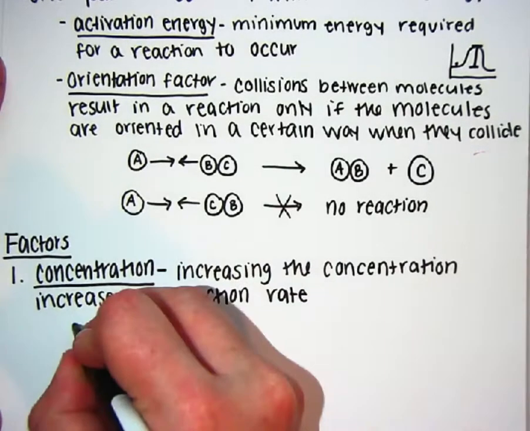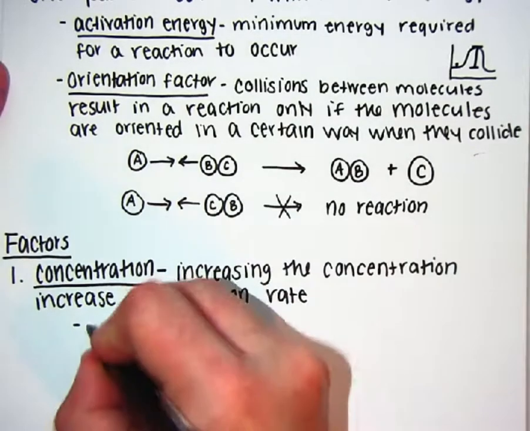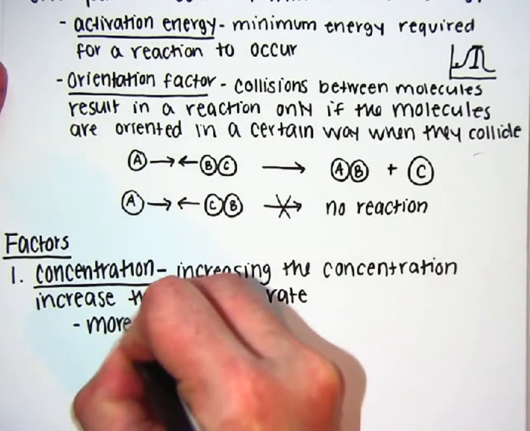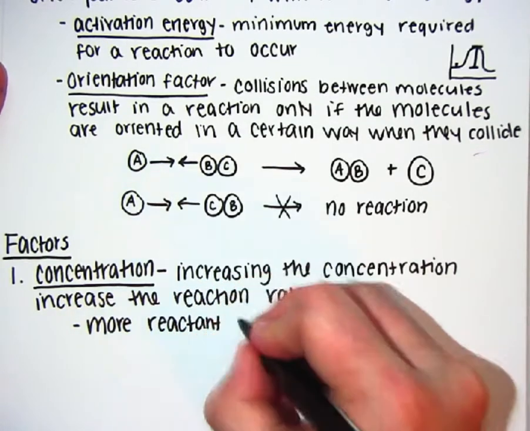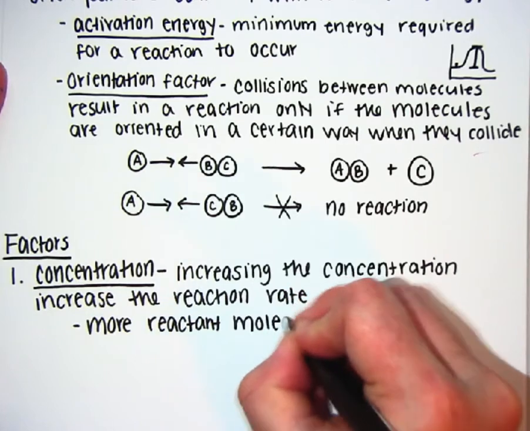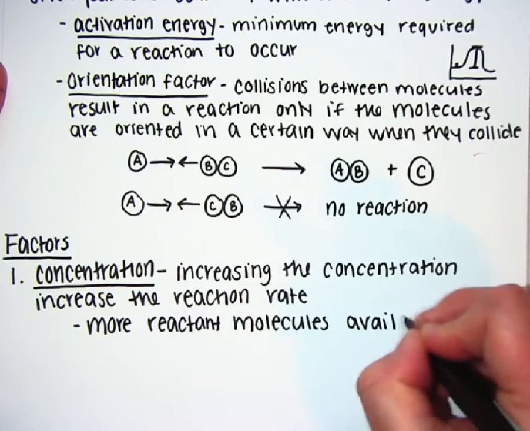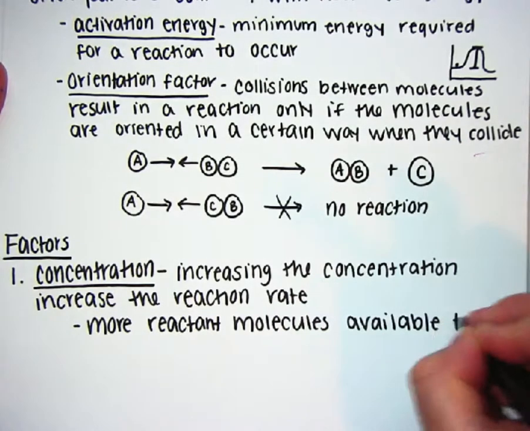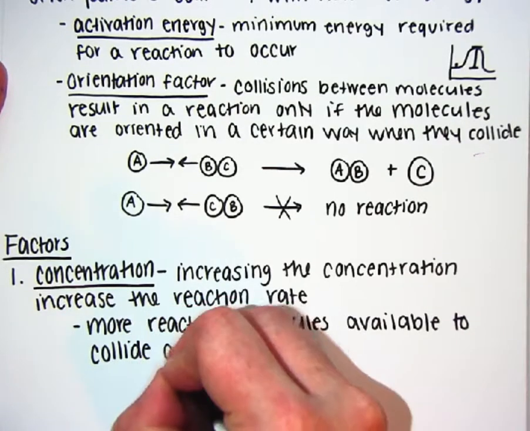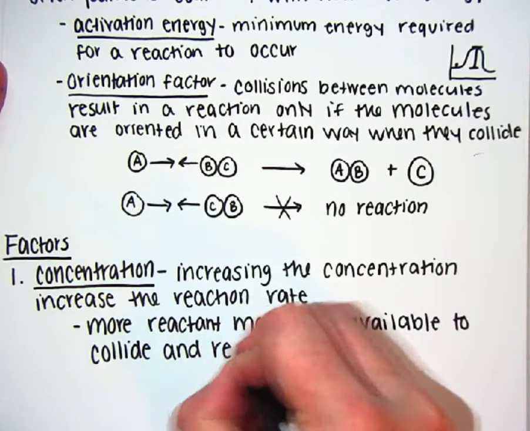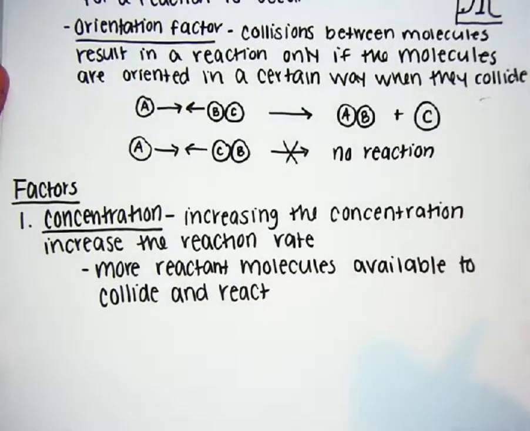Well, why does this occur? Why would increasing the concentration increase the reaction rate? Because there are more reactant molecules available to collide and react. Let's look at a picture.